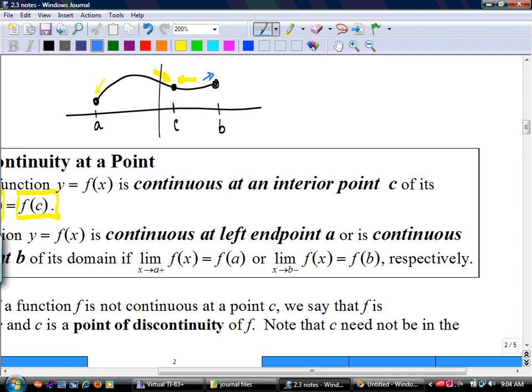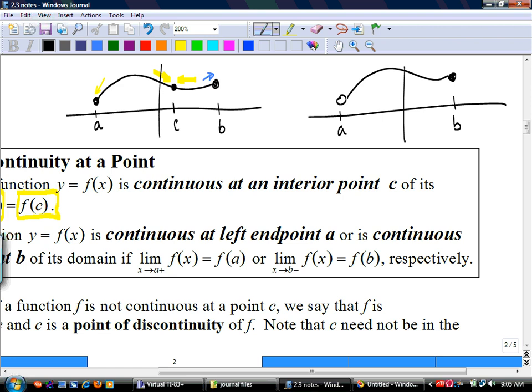Right. That's what I was trying to say when Phil was talking. A is the left endpoint and B is the right endpoint. So A and B have endpoint continuity, but this one doesn't have left endpoint continuity.